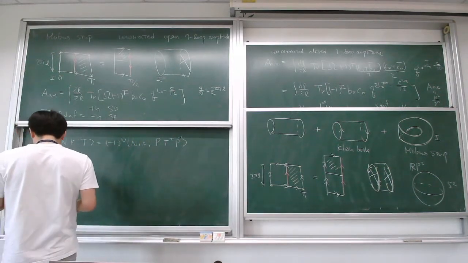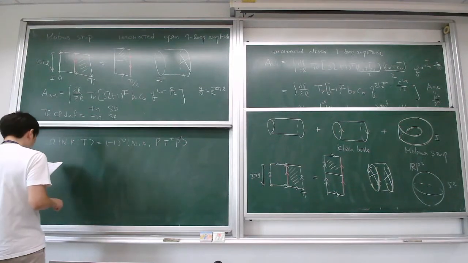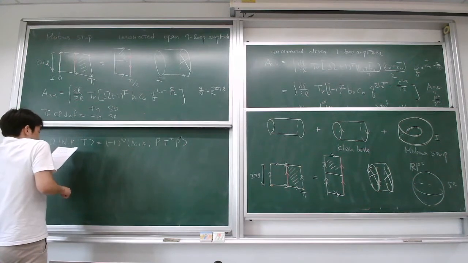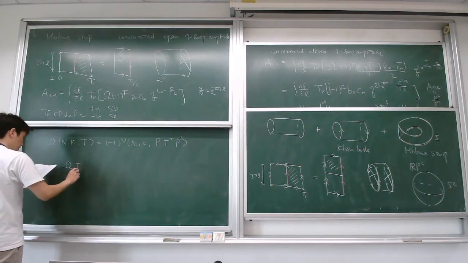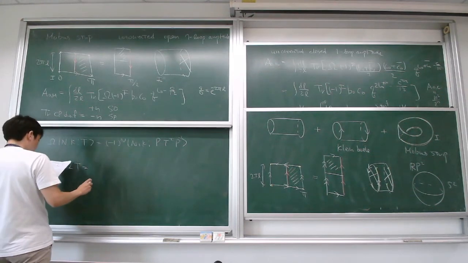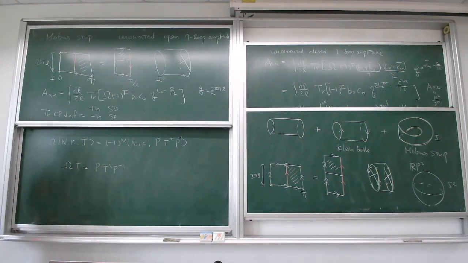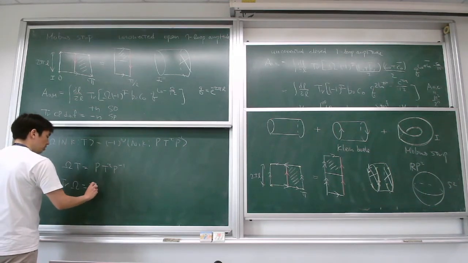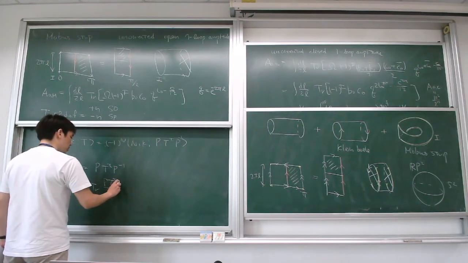So omega acting on t is p t transpose p inverse. So then the trace of omega can be understood as the trace of essentially t over p t transpose t inverse.